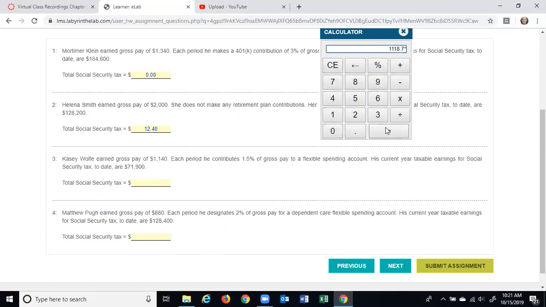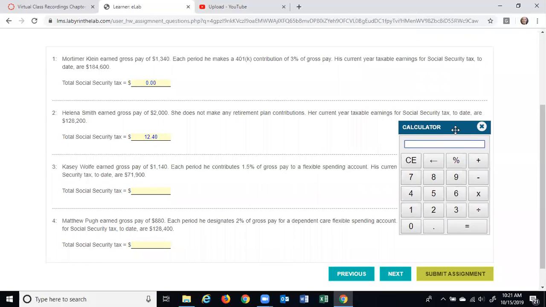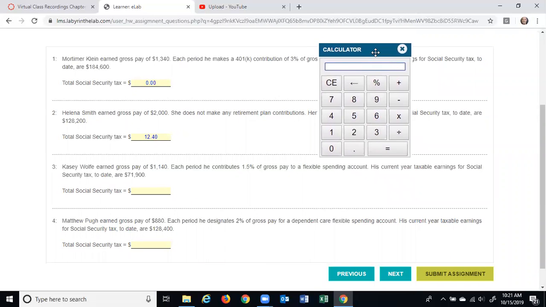Let's clear this out again. It's 1.5% of flexible spending. 1140 times 0.015 equals, I did my math incorrectly, $17.10.